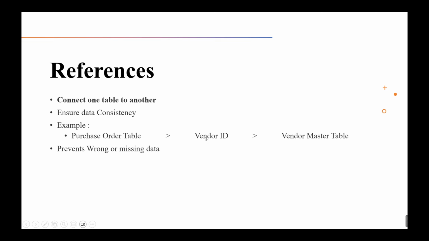This field is referring to the vendor master table. This means one table is linked to the other table, and the link in LN is called reference. So in the purchase order table, the vendor ID field refers to the vendor master table. This ensures that every purchase order is linked to a valid vendor.